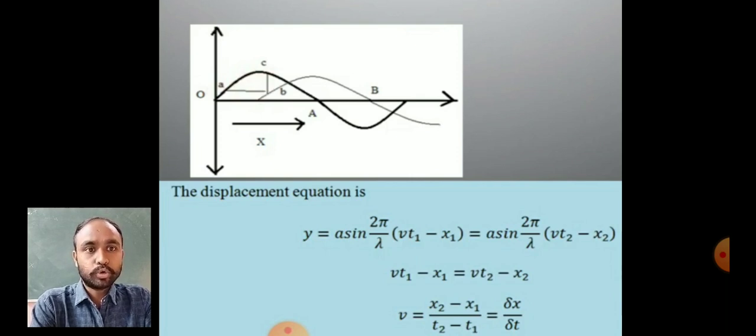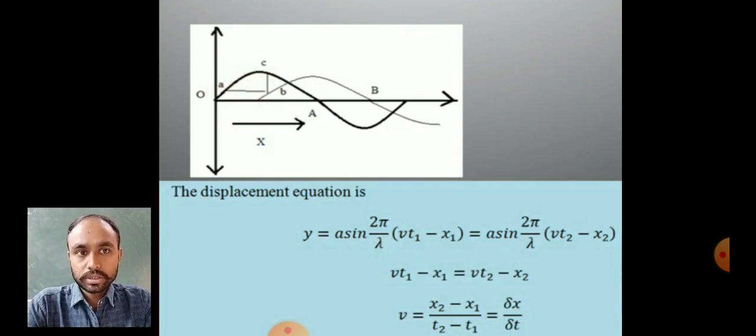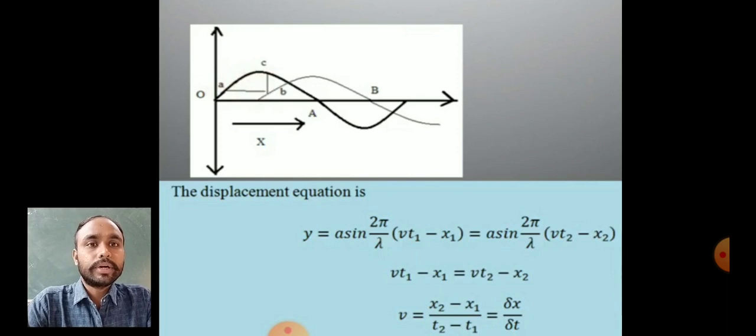Any wave, or moreover the simple harmonic wave or simple harmonic motion displacement, can be represented mathematically by this equation, y is equal to a sin, actually it is ωt − kx, but yes, ω is equal to 2πν by λ. That's why we have taken 2π/λ outside, and therefore a sin 2π/λ (vt1 − x1). Now similarly we have written the displacement for the second time instant.